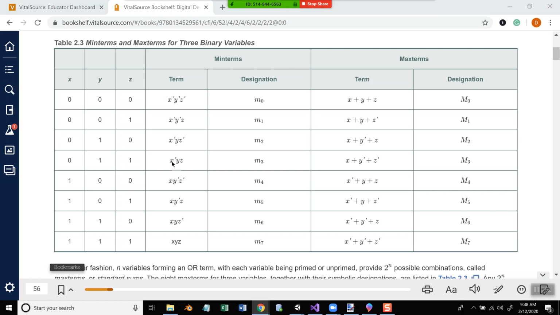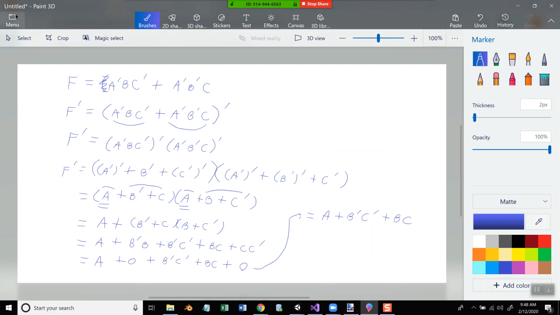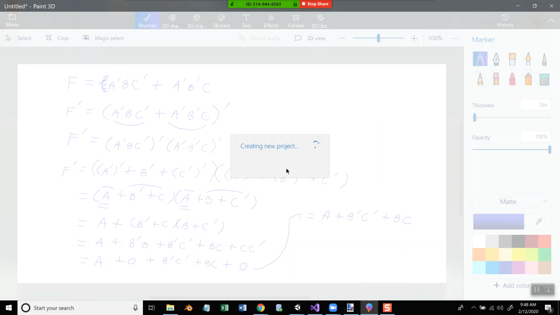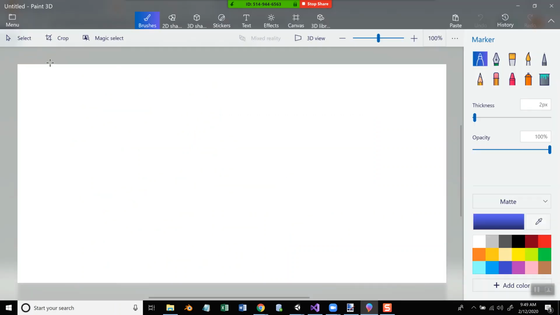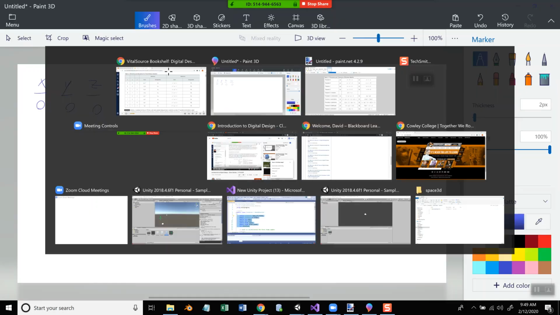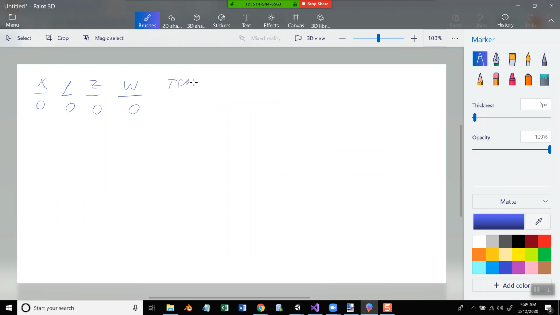And if I went with, I won't finish it, but if I had 4 variables, X, Y, Z, and W. If I had 0, 0, 0, 0, then our first column here, this minterm, remember zeros are where you prime it.